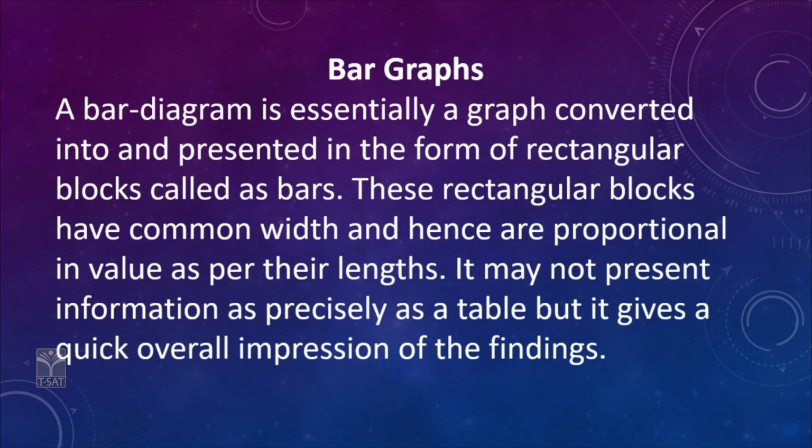These rectangular blocks have a common width and hence are proportional in value as per their lengths. The width of the rectangular block is constant, it is the size of the class, clear, and the length of the rectangular block is proportional to the frequency, clear.